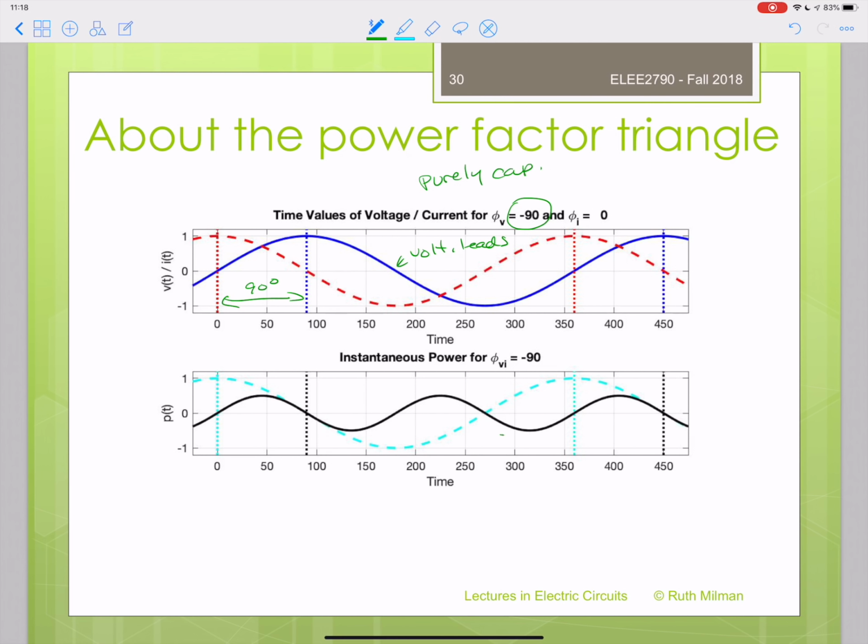And once again, your power has a zero average. So average power is zero. And this is again the situation where you have something purely imaginary, but in this case, purely imaginary in the negative sense. So ZL is going to simply equal minus j times X.